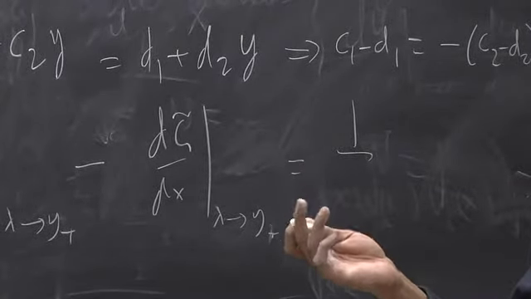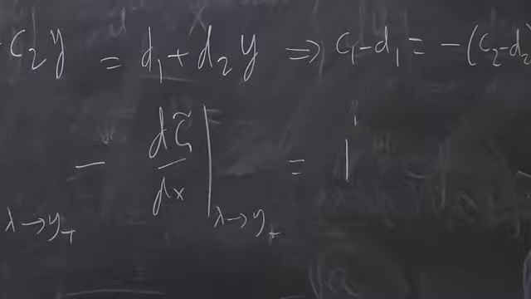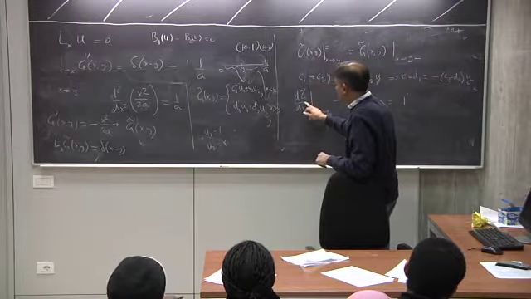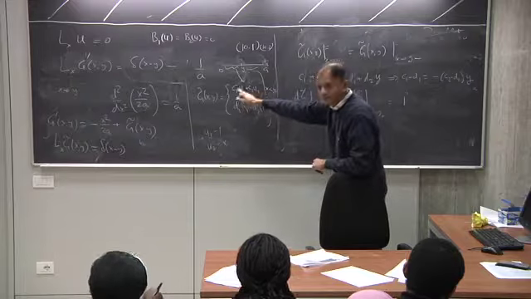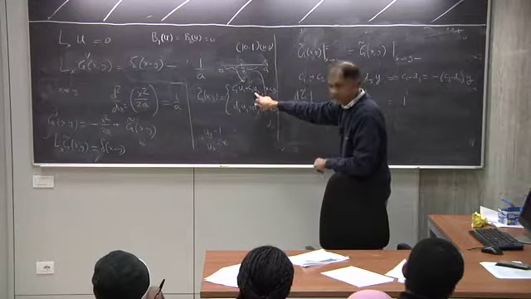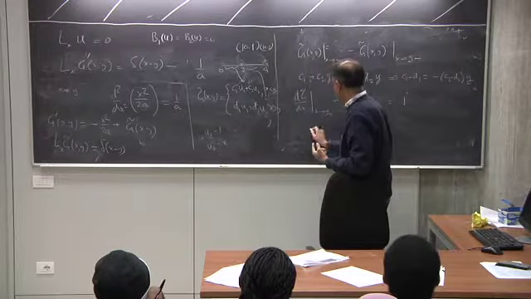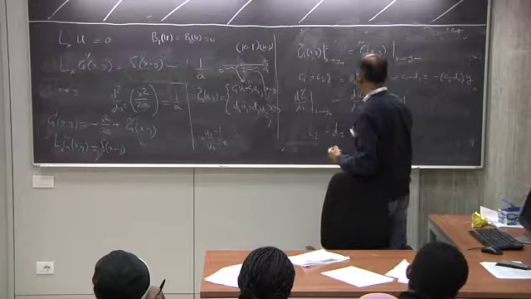And w is also 1. So this is simply 1 for this equation. So let's do this. dg by dx simply gives you, because u1 is constant, the derivative kills it, and u2 is x, so the derivative just gives you 1, so c2. So this is c2 and that is d2. So it says c2 minus d2 is 1.